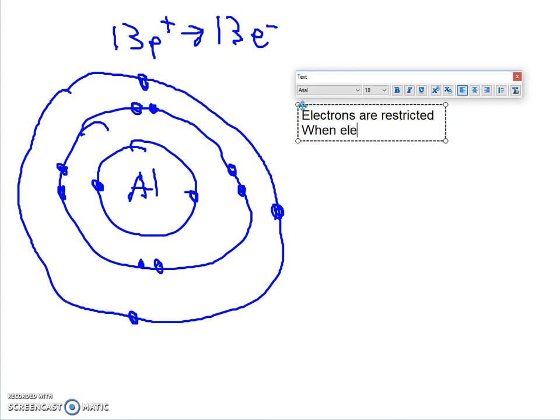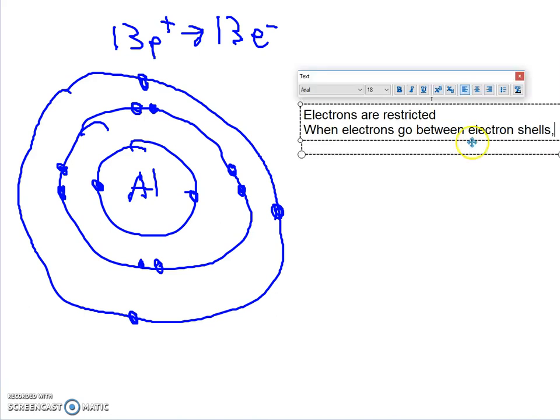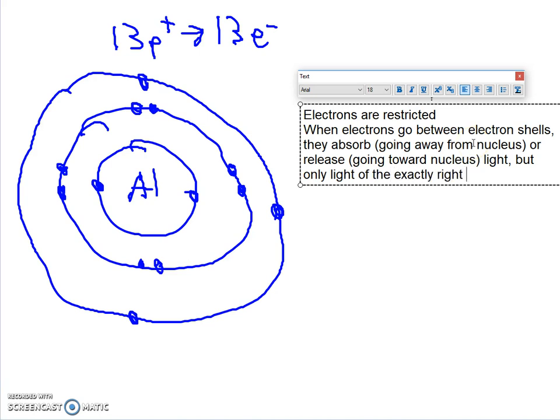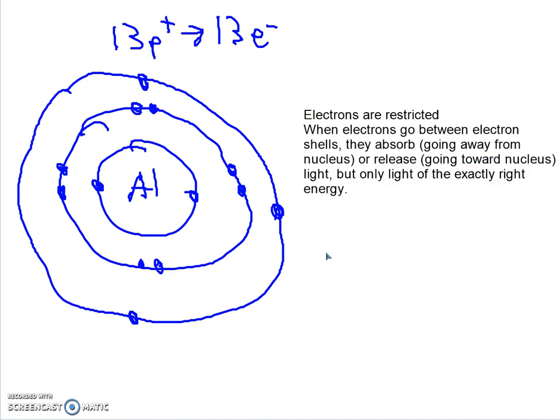So when electrons go between electron shells, they absorb, going away from nucleus, or release, going toward nucleus, light, but only light of the exactly right energy. Okay, so if it's too high energy, then it doesn't do anything. If it's too low energy, doesn't do anything, just goes straight through it.